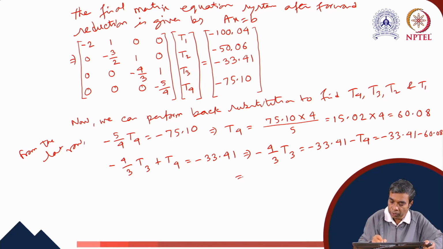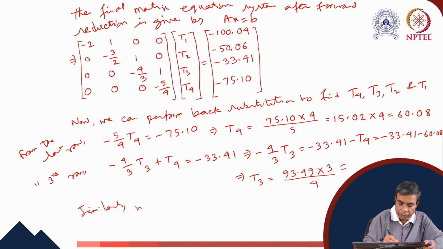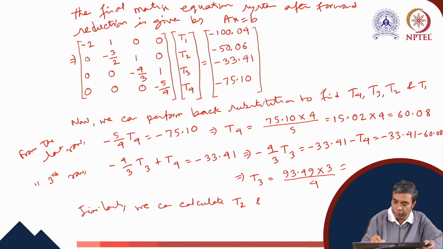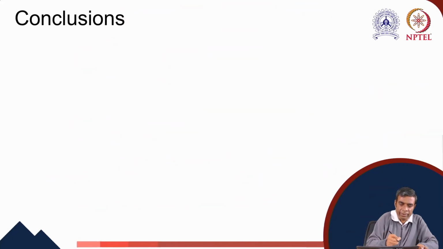And then from here we get T3 equals 93.49 into 3 divided by 4. Similarly, we can find T2 and T1. So this is from the third row. Similarly, we can calculate T2 and T1. I conclude today's class here.